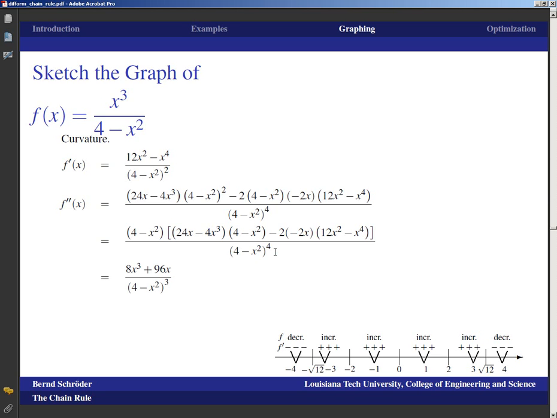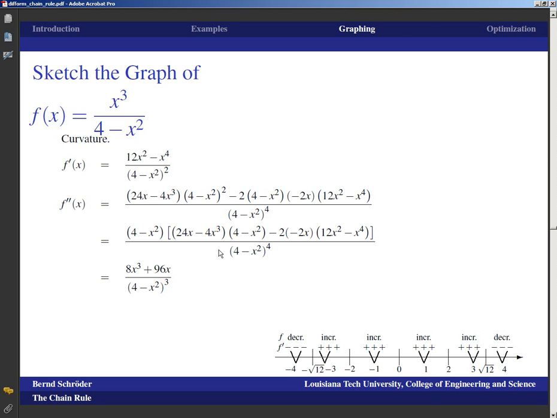That gives us an overall denominator of 4 minus x squared, quantity cubed. And here is where I collect the terms rather rapidly, because as you can see, space is a little bit limited. So let's see if we can work out the mental arithmetic that went along with this.